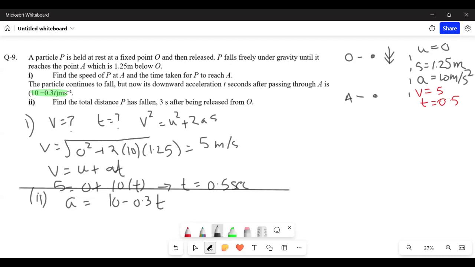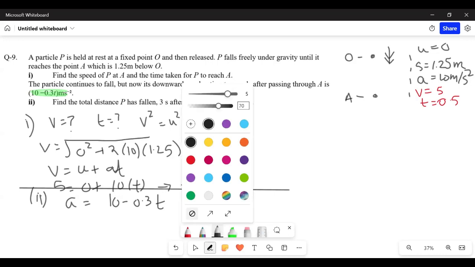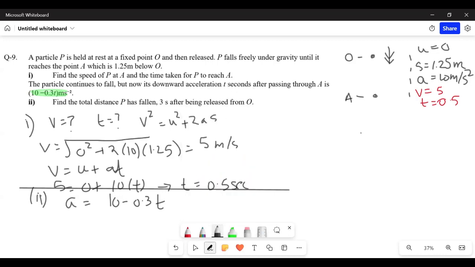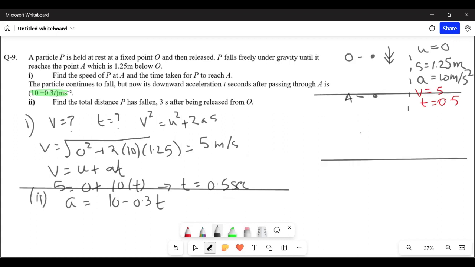Okay. So in a further 3 seconds, कितना distance cover हुआ? Let's say 3 seconds बाद, it's here. Okay.